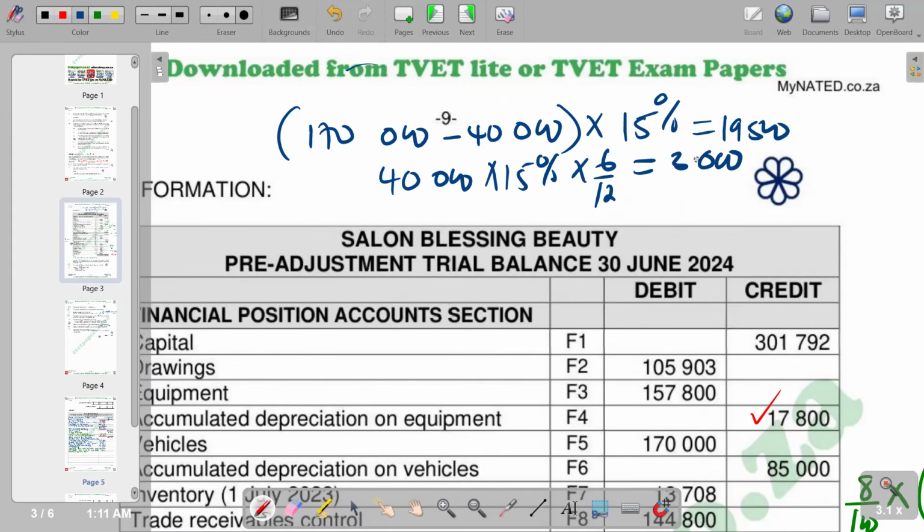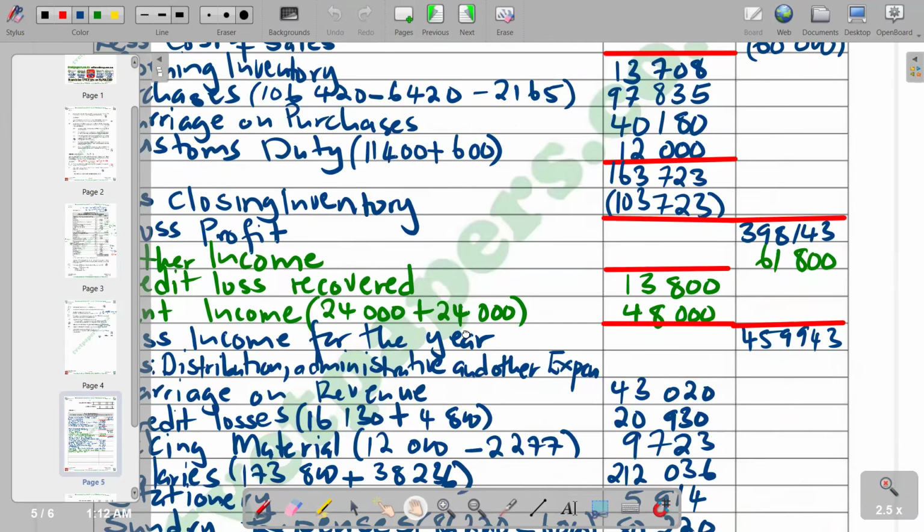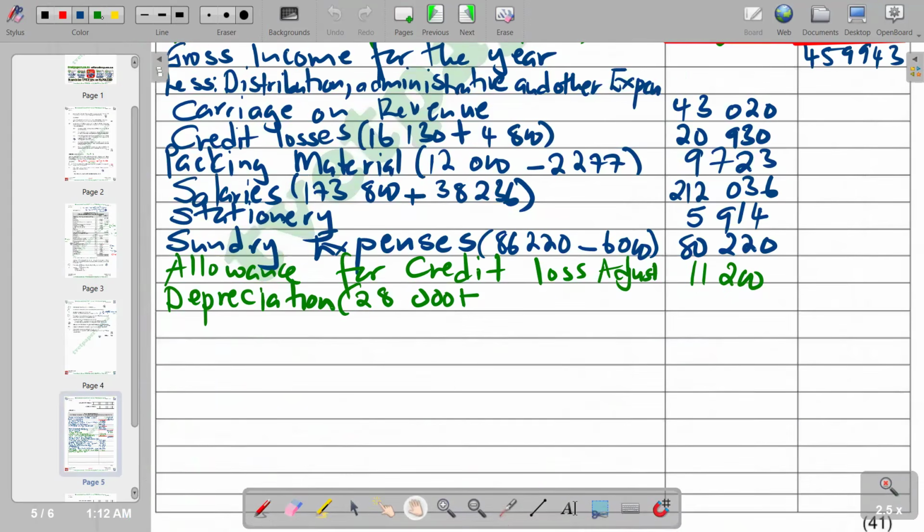So this is what we have on this part. And then obviously, if you say 19,500 plus 3,000, we're going to get total depreciation for vehicles. So we add it like that, you get 22,500. So this is the total depreciation for vehicles, which we are supposed to add here, 22,500. So we add 22,500.